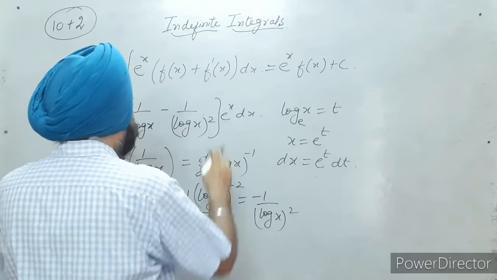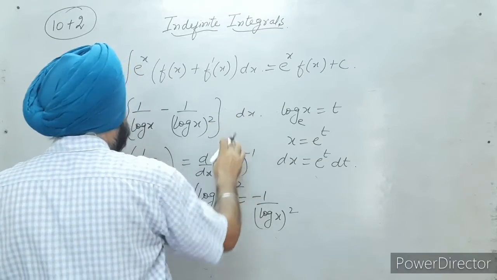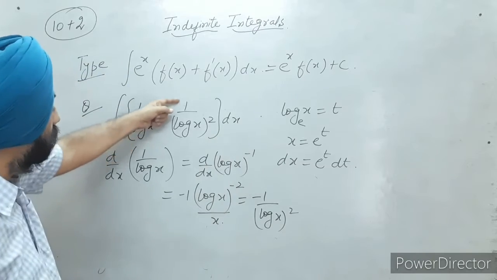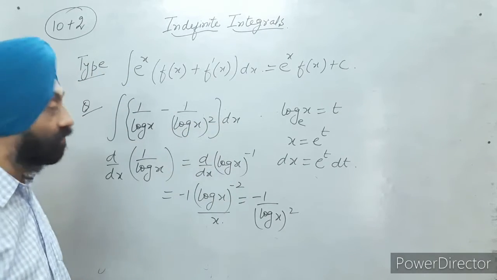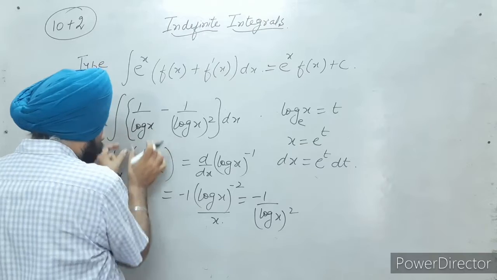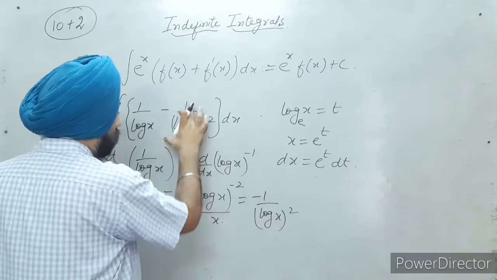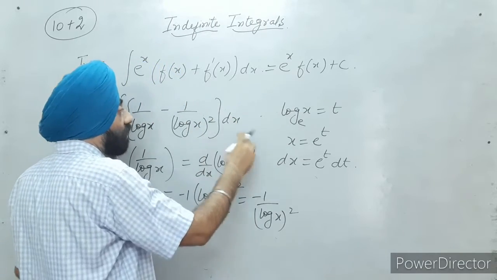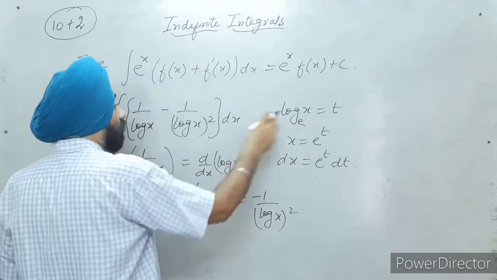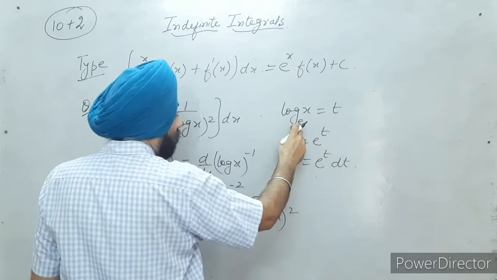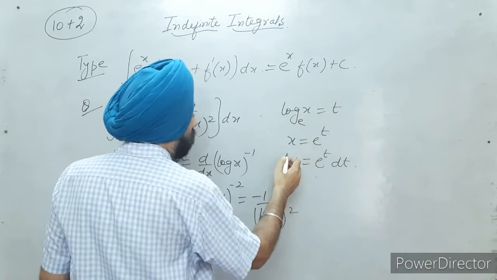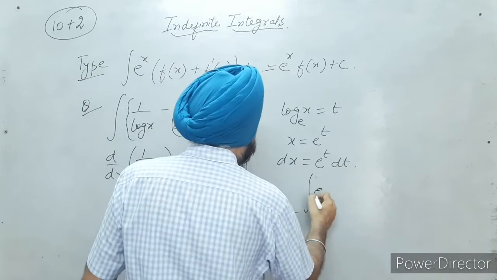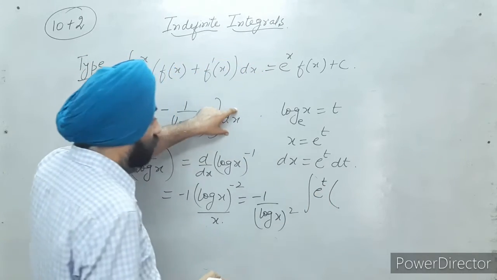Now, there was no e the power x over here. It was this question, 1 by log x minus 1 by (log x) square dx only. In this, I calculated its derivative, I got this value, but in order to solve this, I don't have e the power x. So what I did, I put log x equals to t, base is e, so x equals to e the power t. Its derivative is this. Just substitute the values. I get e the power t in place of dx.